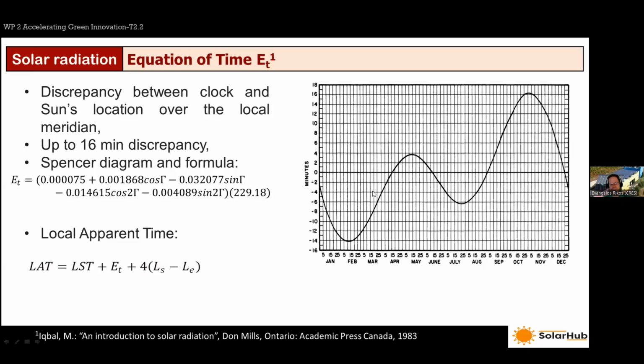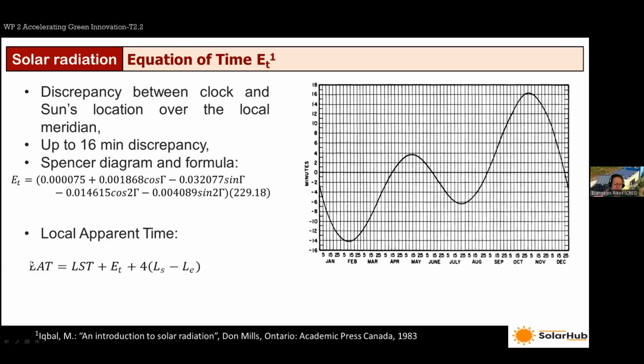And the discrepancy could be between minus and plus 16 minutes within a whole year. So this error should be taken into account when we want to calculate the exact location of the sun.